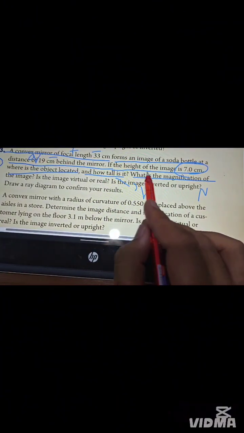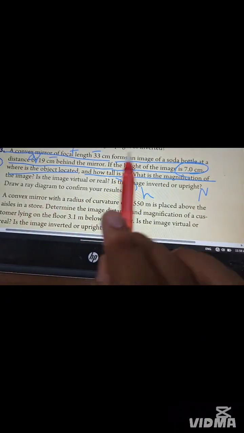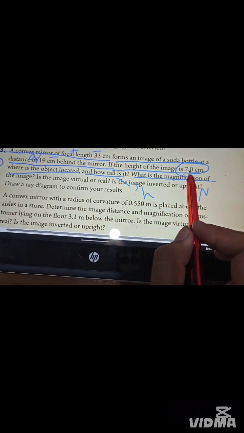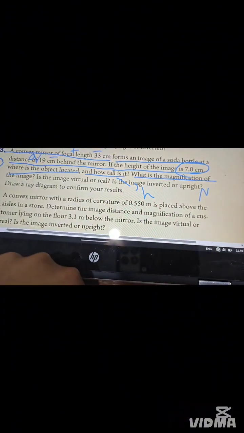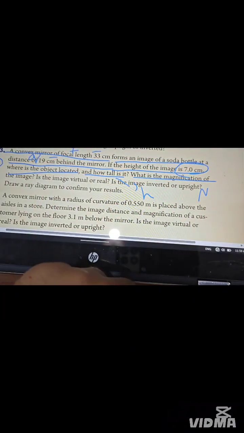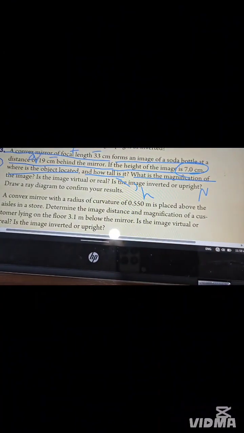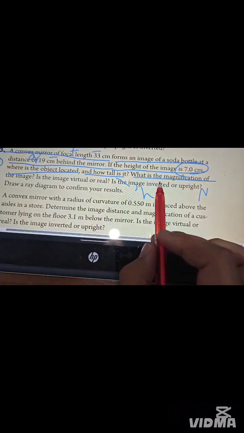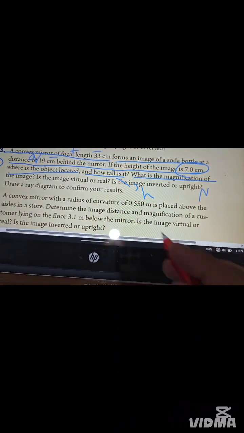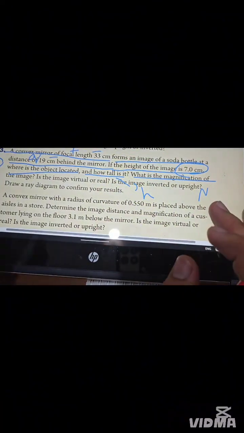If the height of the image h dash is 7 centimeter, where is the object located? Find P. And how tall is it? Find H. What is the magnification of the image? Find M. Is it real or virtual? Later we will discuss this.